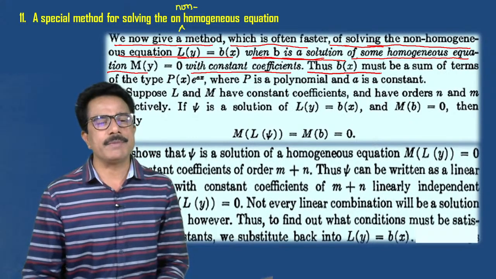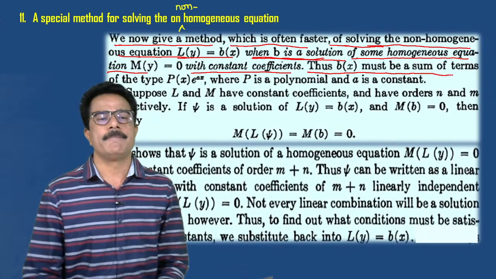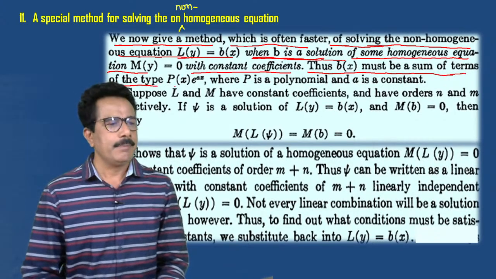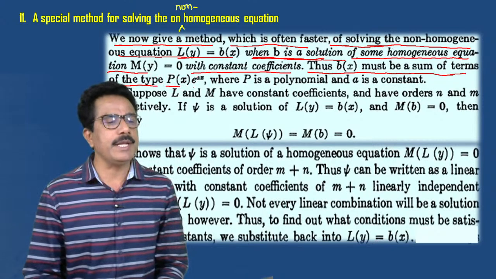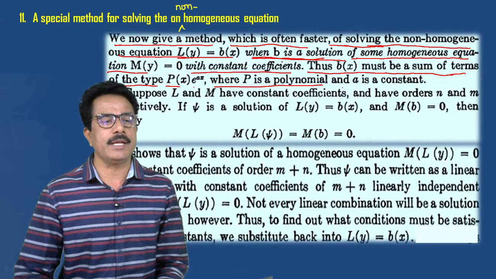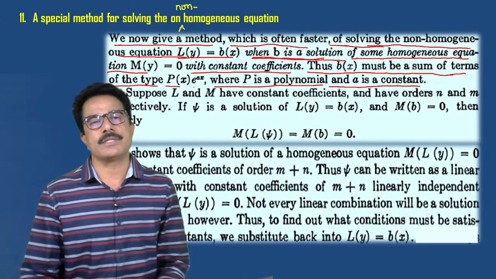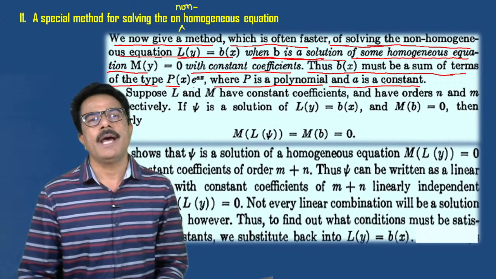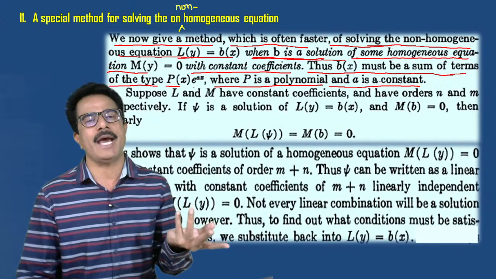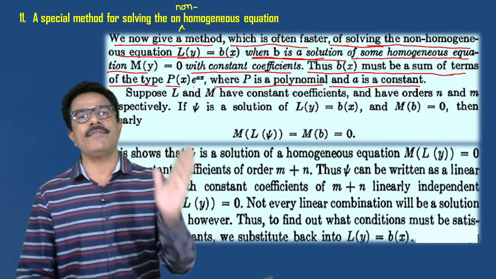Thus B of x must be a sum of terms of the type p of x into e raised to ax, where p is a polynomial and a is a constant.